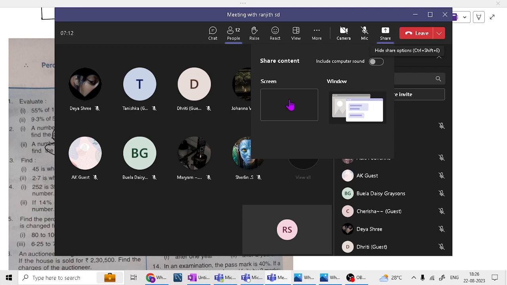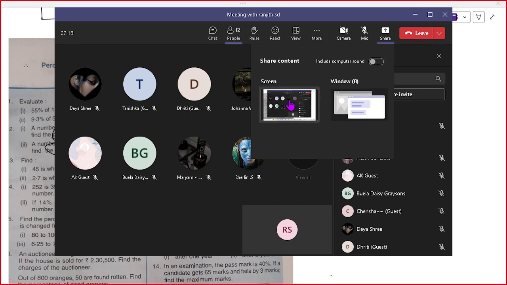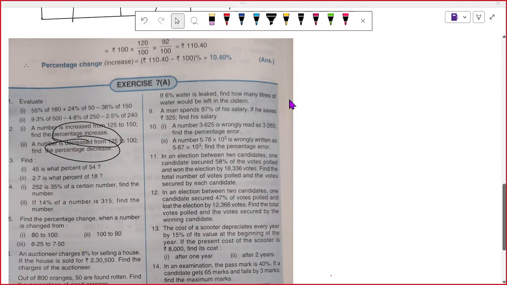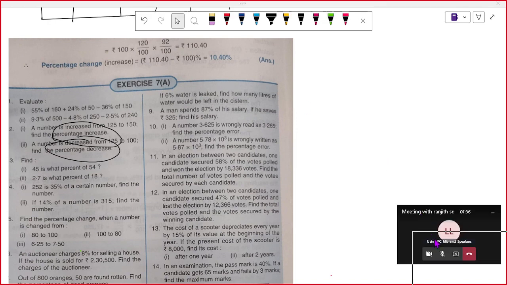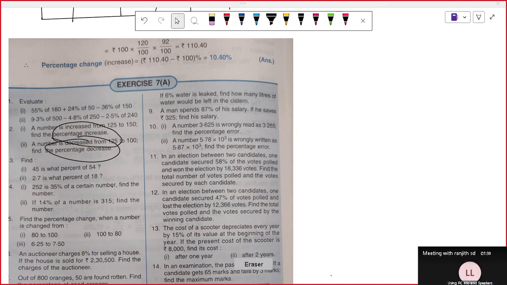Talk a bit loud, Lemula. We have to find the percentage increase, and second one, percentage decrease. I'll give you two formulas for percentage increase and decrease.